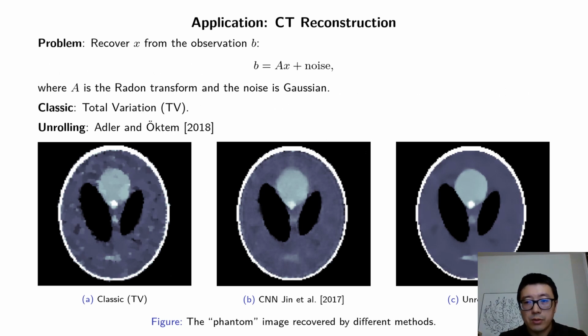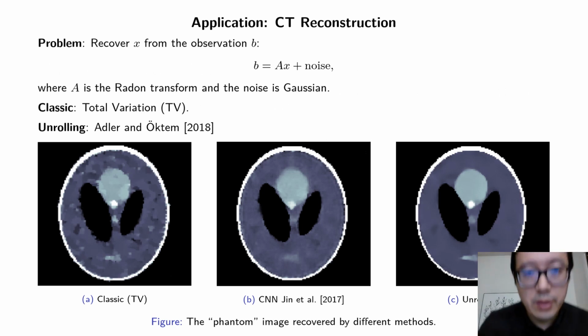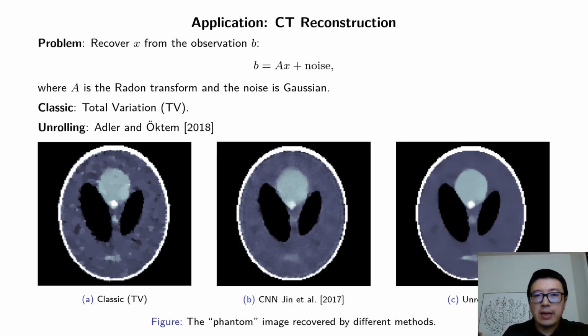Here I'm going to show you two sets of examples. The first application is CT reconstruction. Imagine that X stands for an image, for example an image of a slice of your body, and A stands for the Radon transform, which basically takes several line integrals. The goal is to recover the true signal, the true image, from the results of the line integrals.